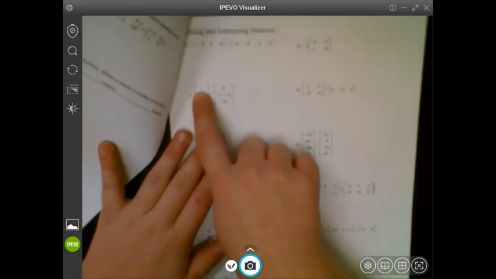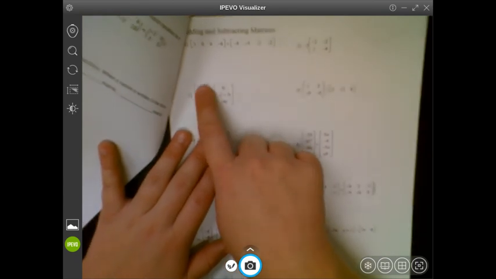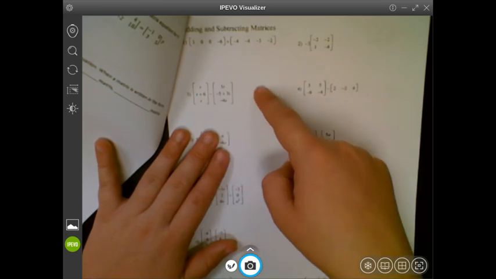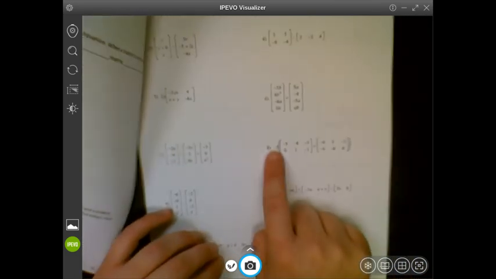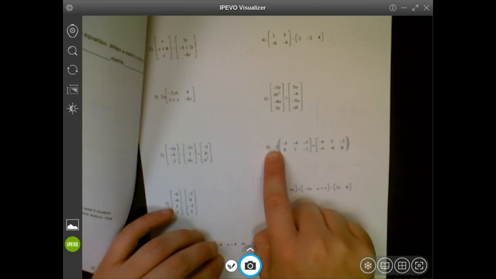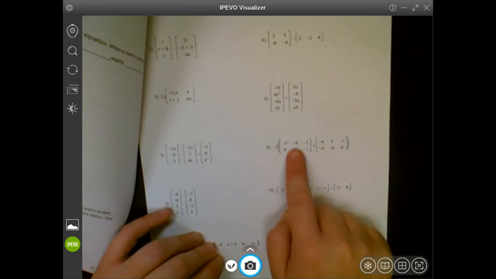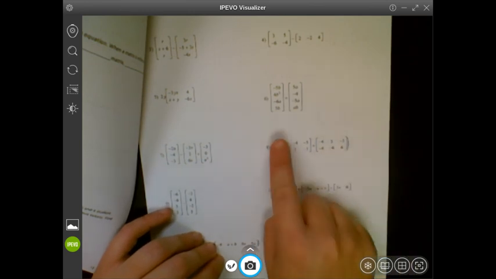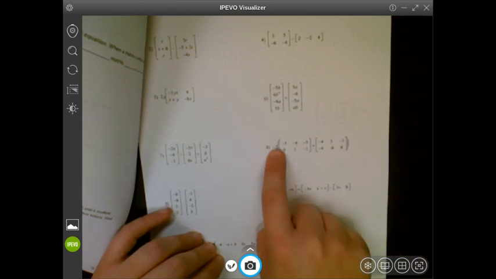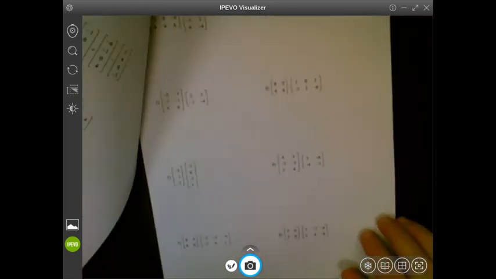If you're looking at this one, it says r minus 3r, then r minus 3r is technically negative 2r, right? You're just adding and subtracting, combining like terms, but things are now in matrix form. If it has a number in the front like this, that is what we call a scale factor. So add these two matrices together, and then every single number in your matrix gets multiplied by -2.